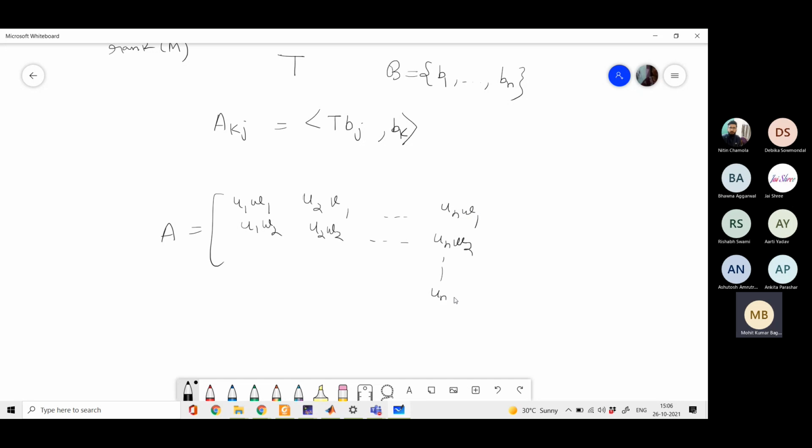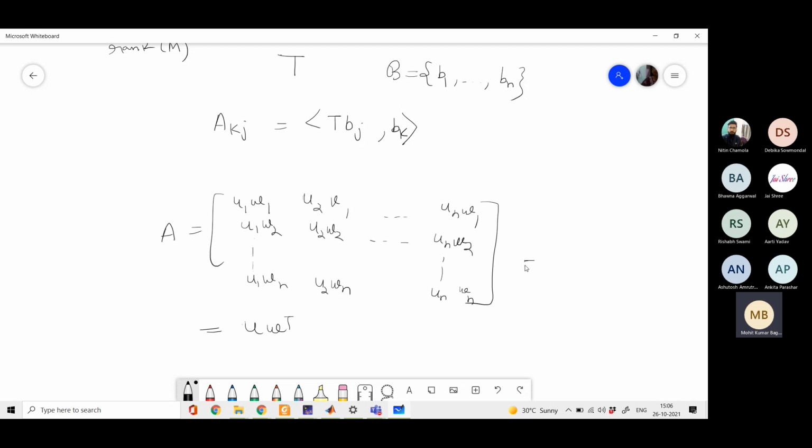This is UN. And this is U1 W1 and this is U2 W1. Okay, and you can quickly observe that this is basically U W transpose.